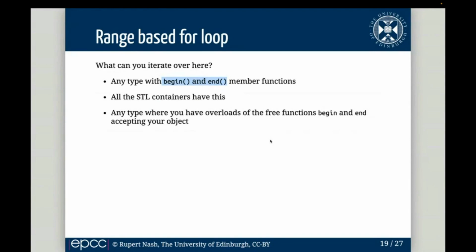They all have them, vectors and so on. These are actually iterators. So they are big arrows over your data structure. So begin is the arrow that will point at the start of the first element, and end is the arrow that will point at the end of the last element.